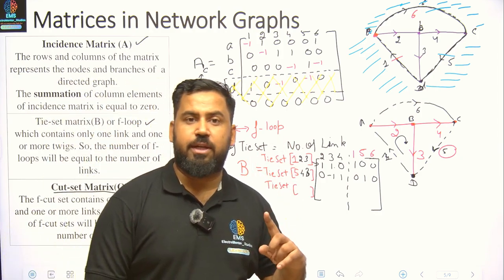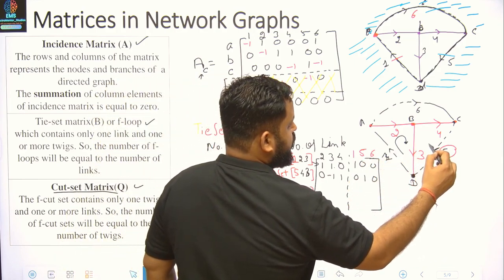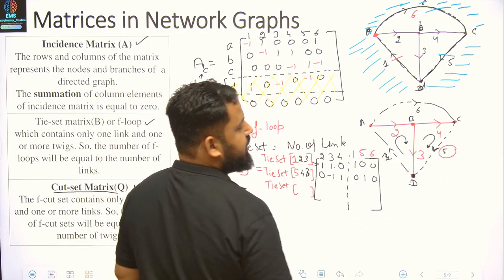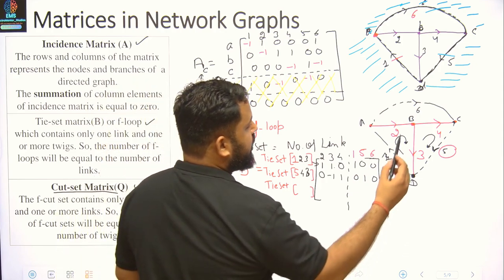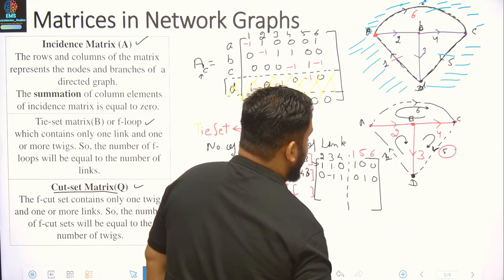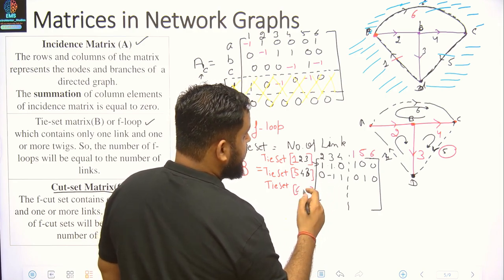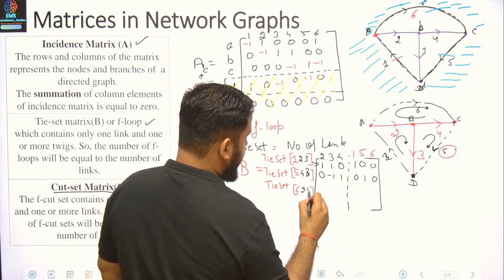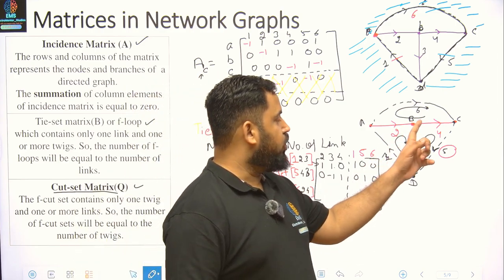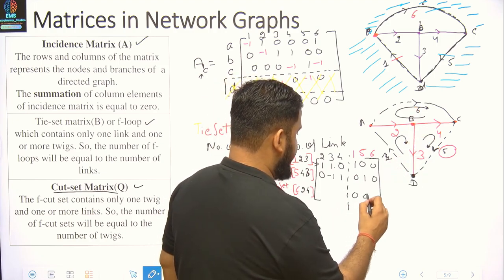I hope the correct direction of the current is quite clear to you. Simply choose the link and make the directions of the current according to the direction of the link current. So over here, we have a link with 6, with 2 and 4 connected to it. We'll start from point A. 6 is in favor.